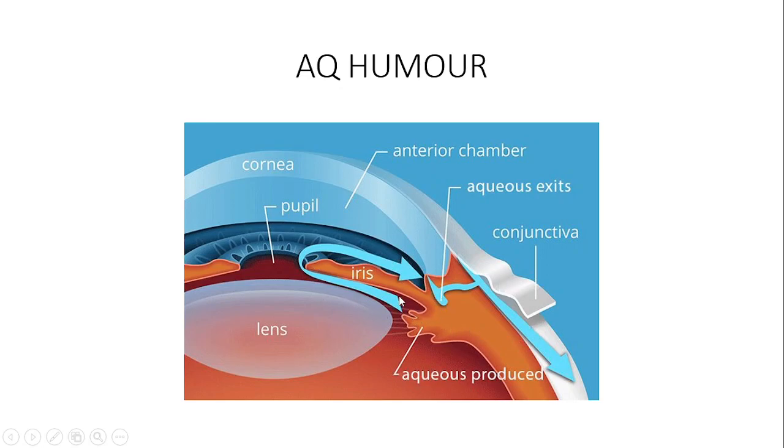Look at it here. As I said, it comes from the posterior chamber through the pupil here. The anterior chamber is here, and it passes through the iridocorneal angle and comes through the episcleral veins. What you see here is where the episcleral veins are found.